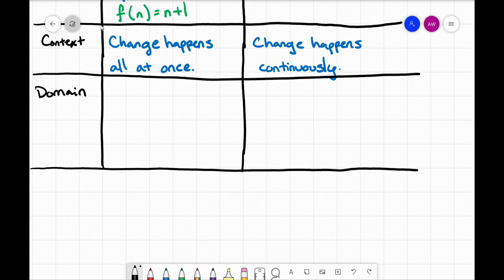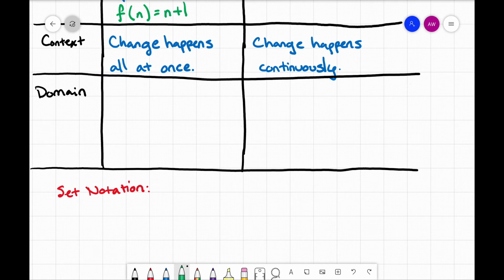We are looking at the domain. Now, before we get into that, we need to cover something called set notation. And so that is how we're going to express the domain for the discrete and continuous functions.